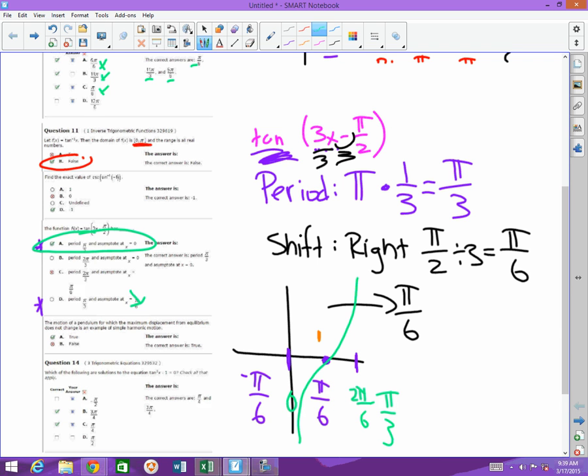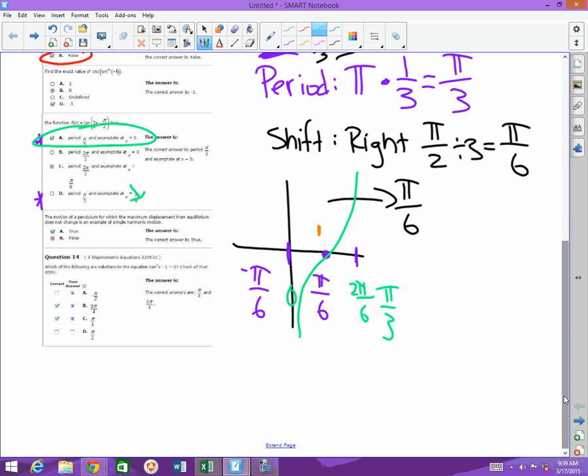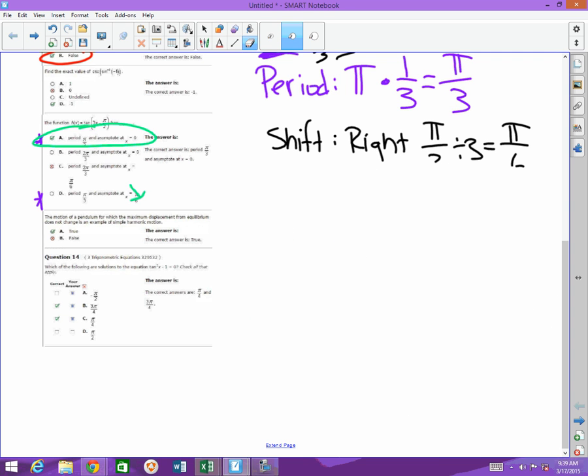Okay, that is an example of simple harmonic motion, even though that doesn't change at all. All right, which of the following are solutions again. So let's see here. We have tangent of square root of x minus 1 equals 0. So to solve this, you add 1 first.